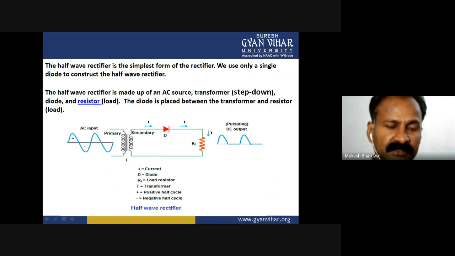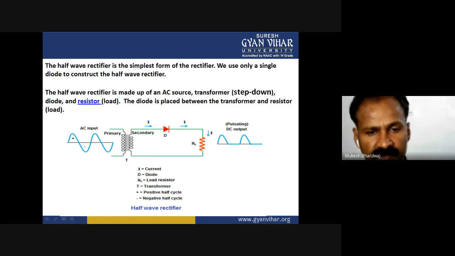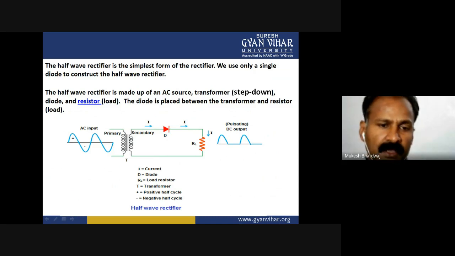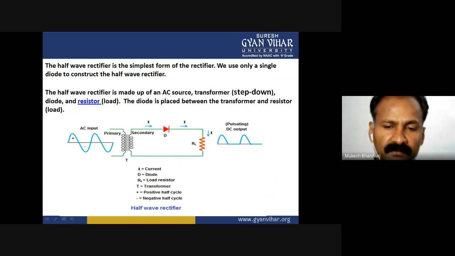AC input signal is connected to the transformer, and the transformer coils are shown as the primary windings and the secondary windings. The positive half cycle conducts the diode, as it is in forward biasing, and the output comes in a positive half.